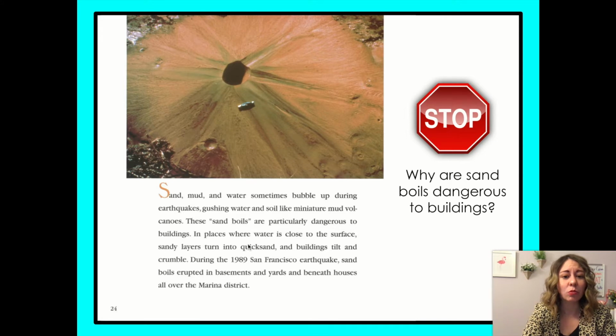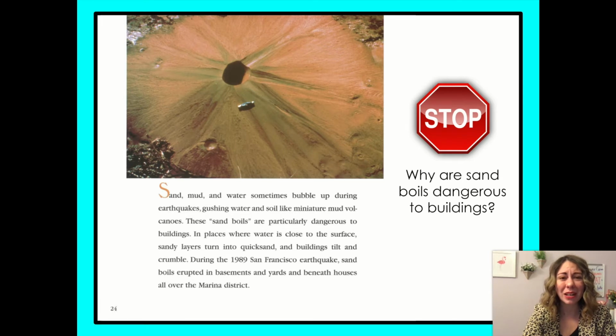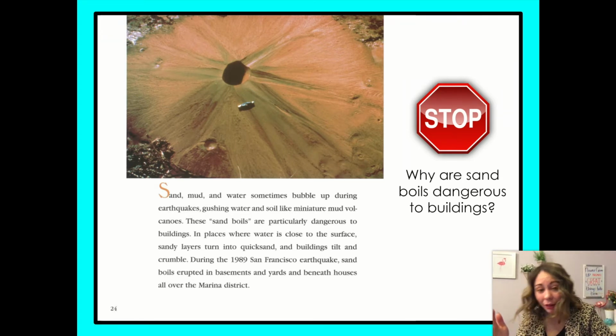In places where water is close to the surface, sandy layers turn into quicksand and buildings tilt and crumble. So why are they dangerous? Because the ground like turns into quicksand, so the buildings just like tilt and fall over. They crumble because they don't have that solid foundation to stand on anymore. That would be scary, especially if you have a sand boil popping up in your basement.